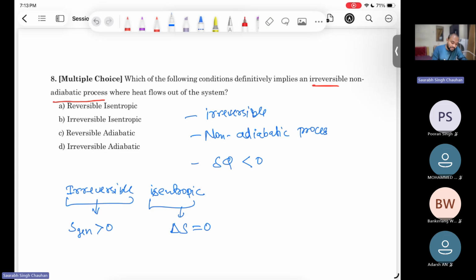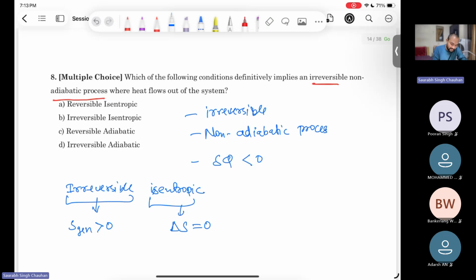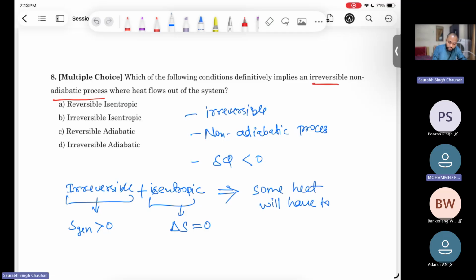Okay. So if both of these things are happening, irreversible plus isentropic, that will mean that some amount of heat will have to go out from the system, so that entropy can also go out with this heat from the system. Okay.